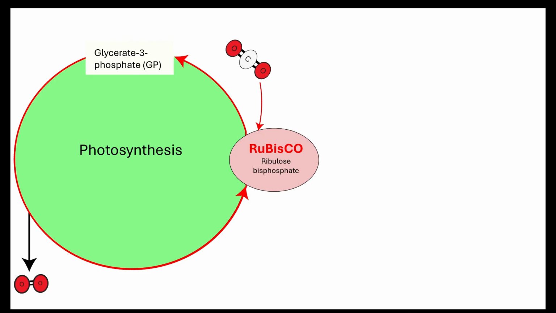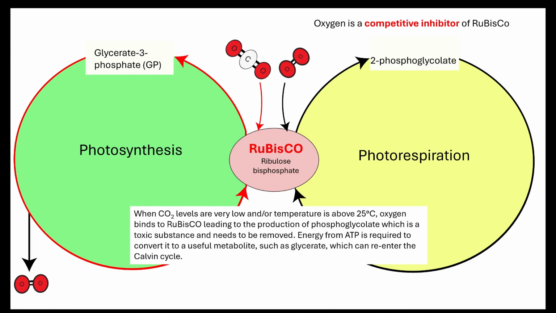Well, we know that oxygen is produced by the light dependent reaction, and we know that that oxygen is going to be needed for respiration. Well, what you need to understand is that oxygen is a competitive inhibitor of rubisco, when our carbon dioxide levels are low.